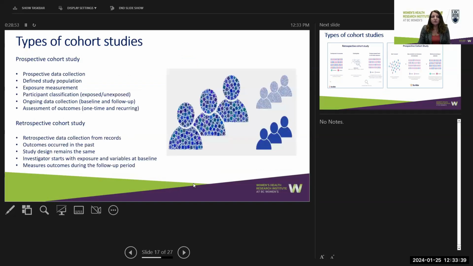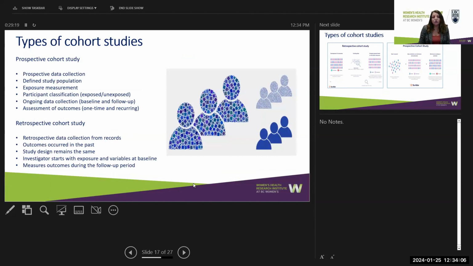As I said in the beginning, the types of cohort studies are the prospective cohort study and the retrospective cohort study. The only difference between them is how we look at them in terms of time. In a prospective cohort study we collect prospective data, so we look into the future. We define the study population and need exposure measurement.